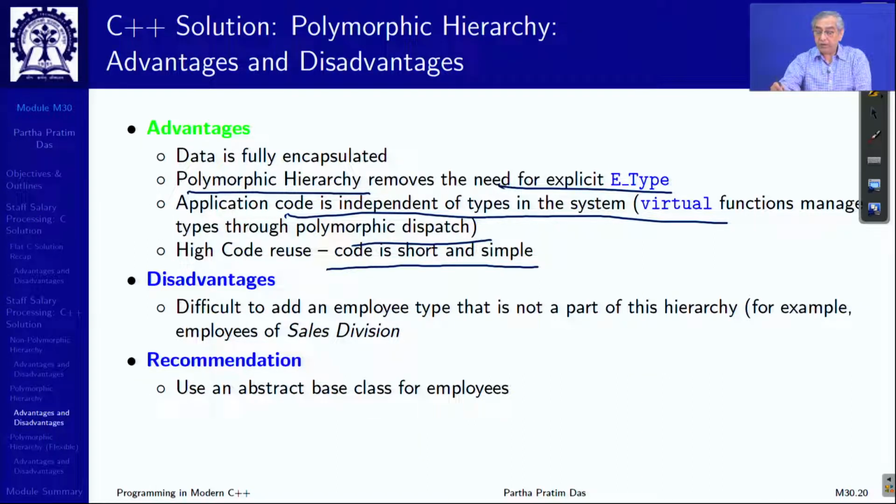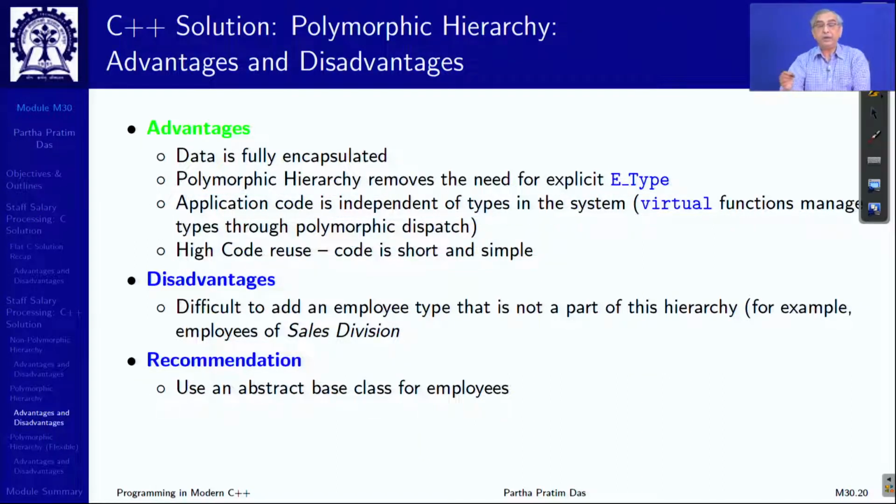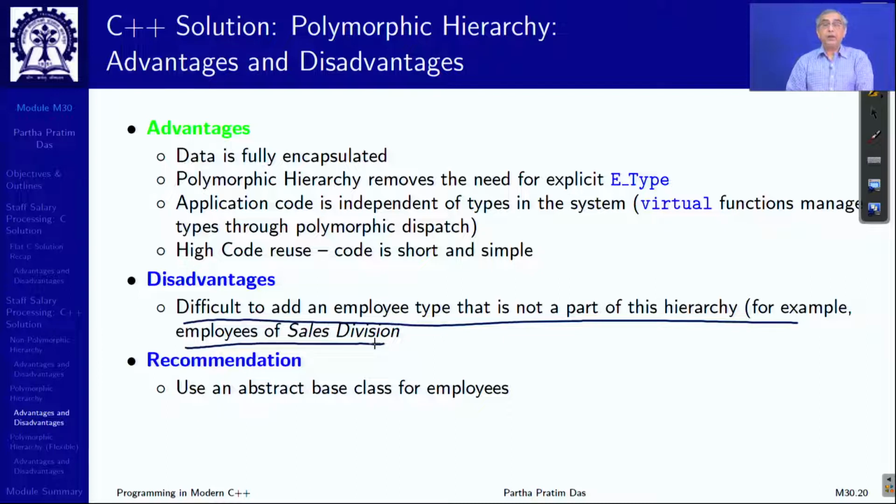Does it solve all the problem? Unfortunately, no. You will still have to remember that as soon as you want to add a new hierarchy, a new employee type that is not a part of this hierarchy, you will have to do a lot of things. So, what is it that we are missing out?